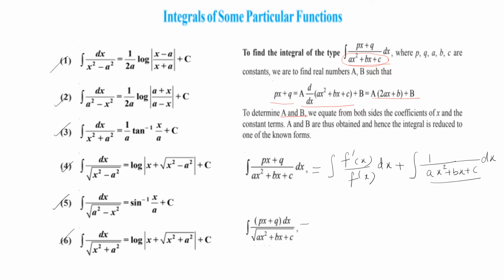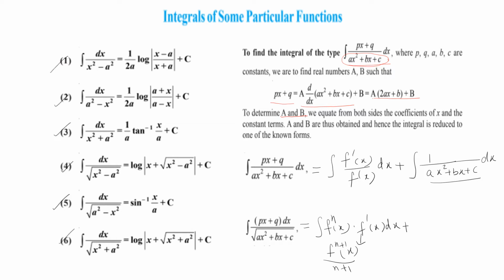In case of the second type, which is linear upon under root quadratic, we will get integrals of the form f raised to power n x, right, into f dash x dx. And you know the integral of it is f raised to n plus 1 x upon n plus 1, right?